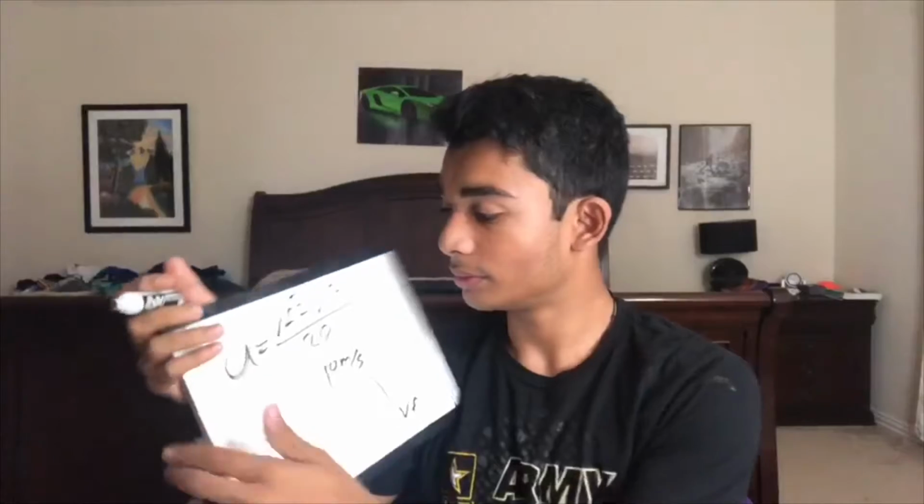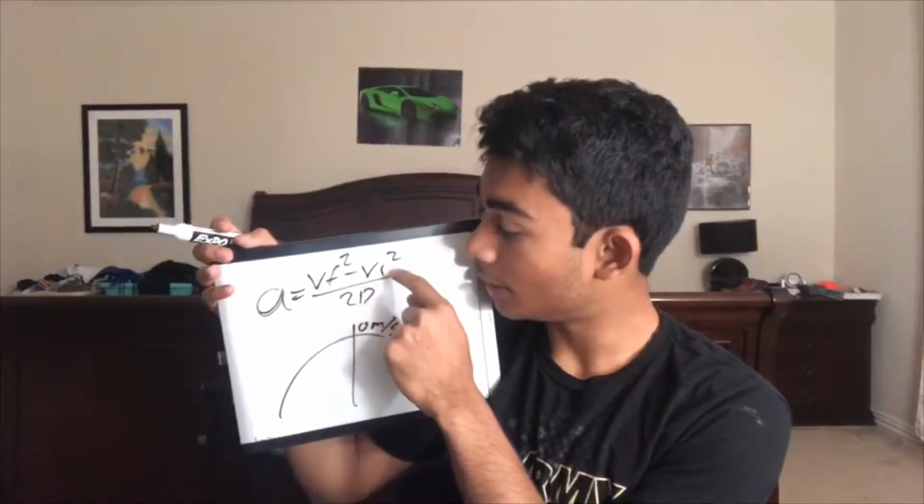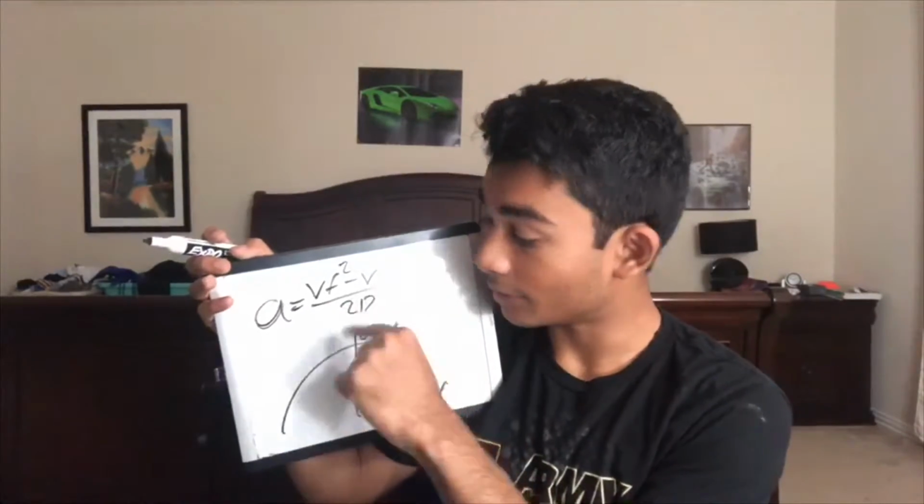Knowing our final velocity, we could use the formula of acceleration equals final velocity squared minus velocity initial squared divided by 2d.